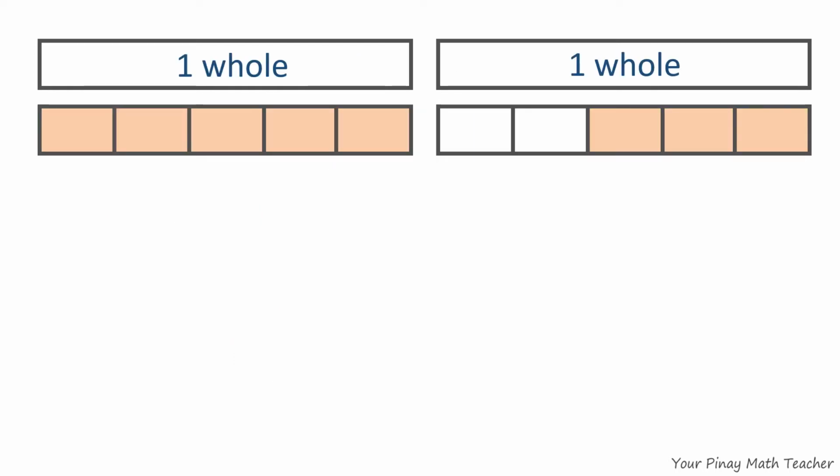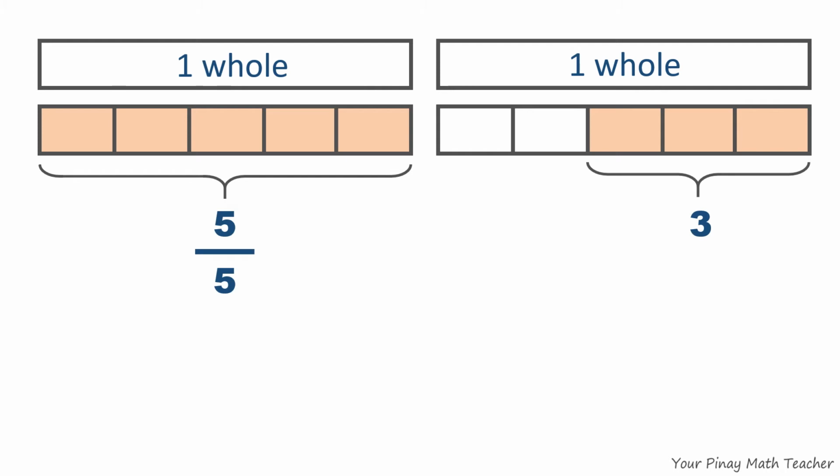What fraction of the whole figure is shaded? The first whole rectangle is divided into 5 equal parts. Out of 5, 5 are shaded. So the fraction for the shaded part is 5 out of 5, or 5/5. The second rectangle is still divided into 5 equal parts, and 3 out of 5 are shaded.